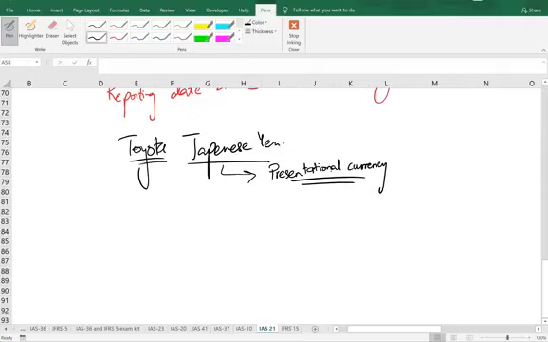But this currency, if it's the same as the functional currency, perfect. There will be no problem, right? But if the functional currency and the presentational currency are different, then there will be translation at different rates and different times.